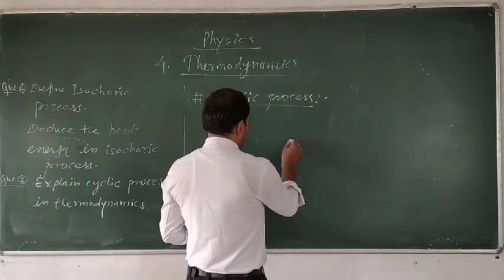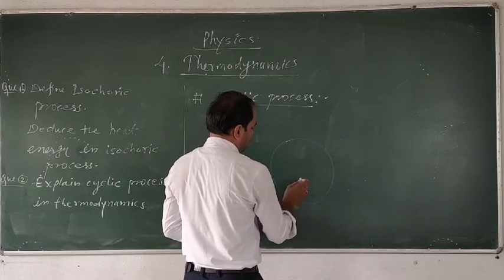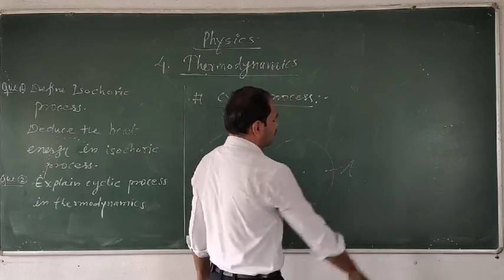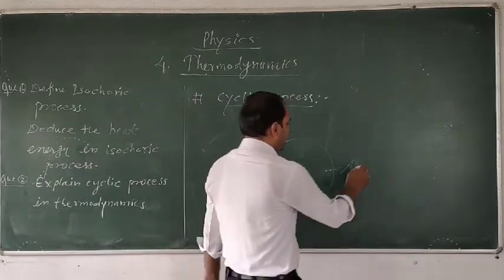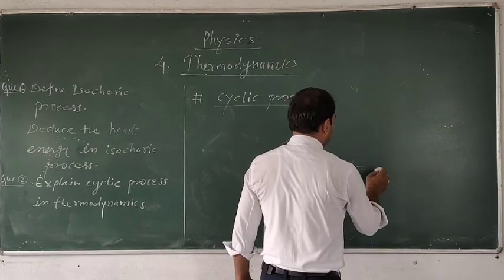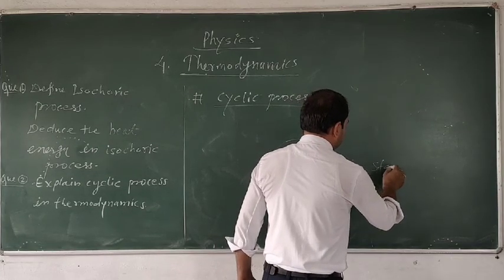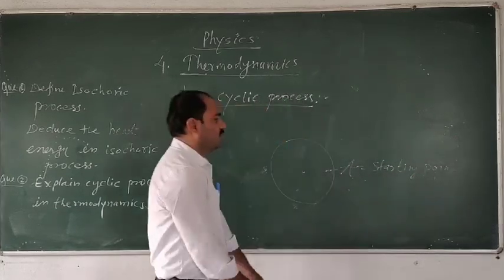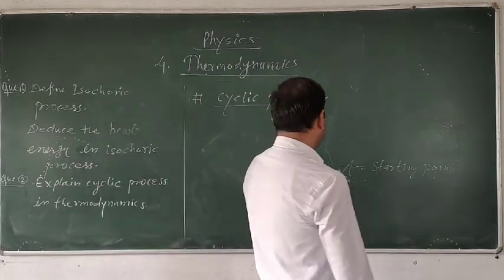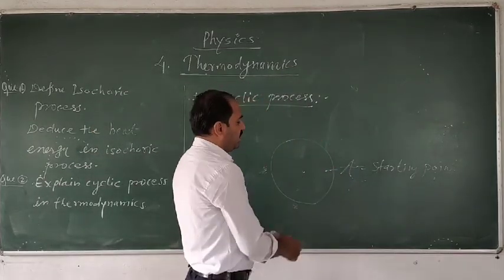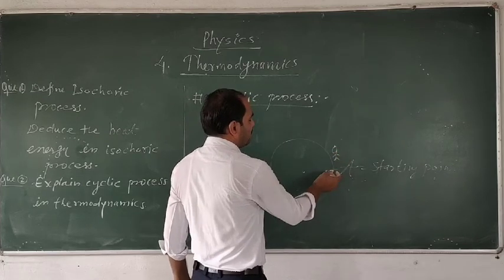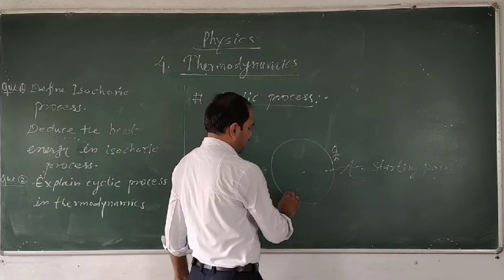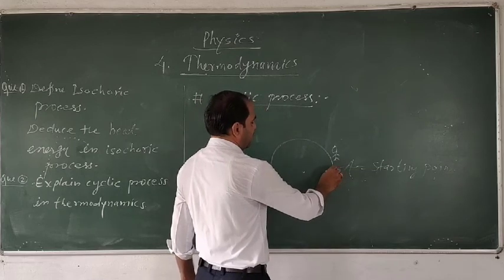Suppose a boy starts running from this point A. So A is the initial point or the starting point. The boy starts his motion from point A, runs around, and finally ends at point A.